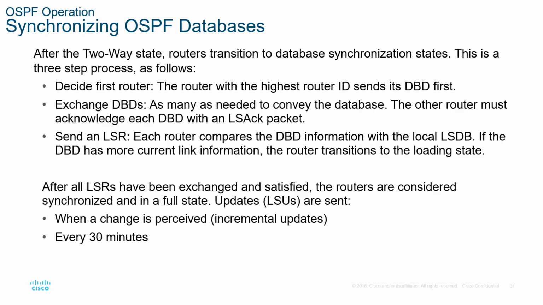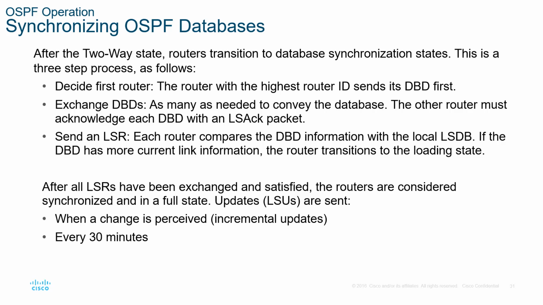They will then send, all slave routers will send an LSR to each other, collecting the DBD information and storing it locally. As information is found to be missing, it will send LSUs as an update request. And again, acknowledgement is sent once all the information is brought together.